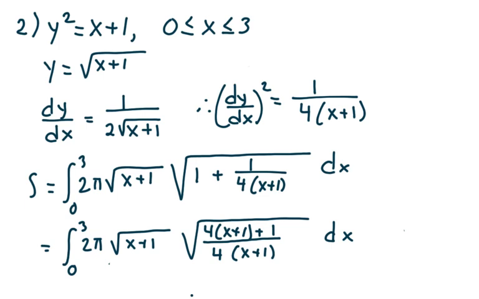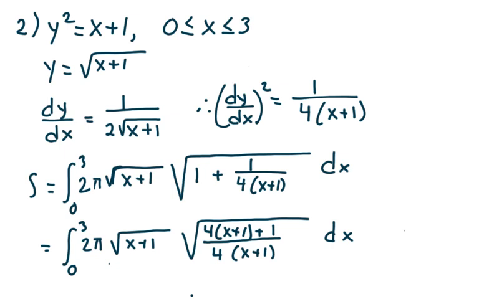So y equals the square root of x plus 1, free and clear. dy/dx is equal to 1 over 2 times the square root of x plus 1. If I square it, I get (dy/dx) squared is 1 over 4 times (x plus 1). Plugging into the formula, we get S is the integral from 0 to 3 of 2 pi times y, where y is the square root of x plus 1.